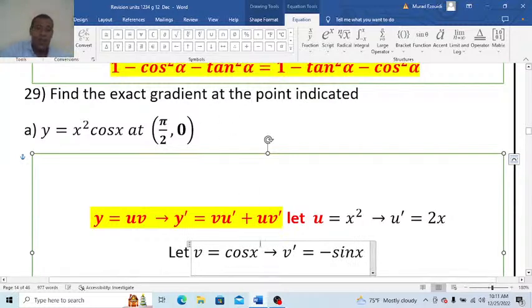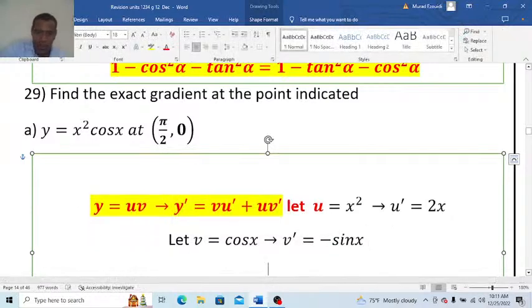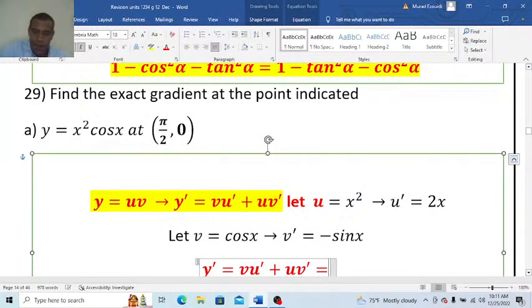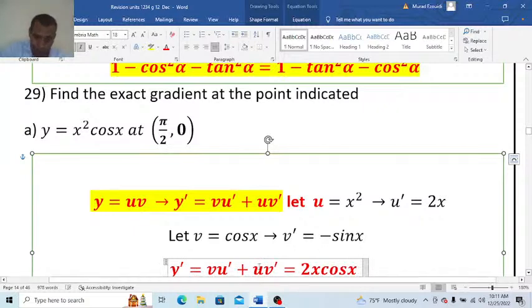Okay, now to find y dash, it's clear you are going to use this one. Therefore I'll just now write y dash. Y dash is equal, I will use the product rule, equal, learners, v is cosine, multiplied by u dash which is 2x, means 2x cosine of x. Then plus u times v dash.